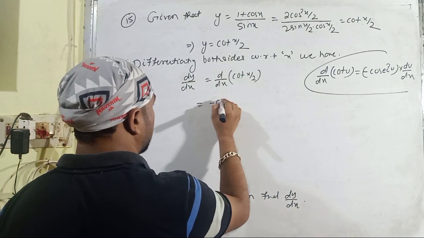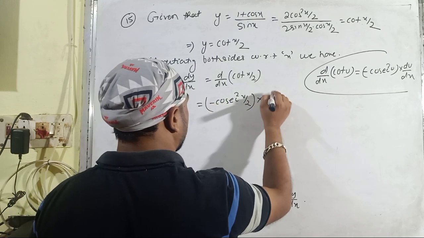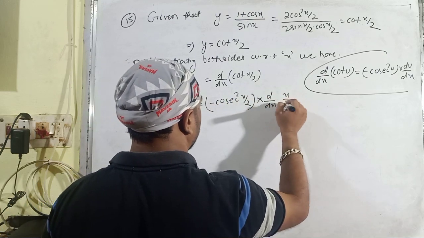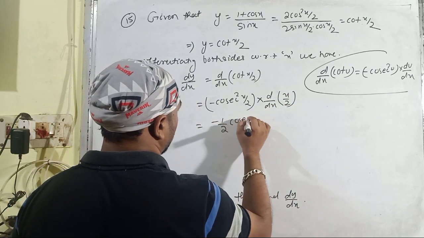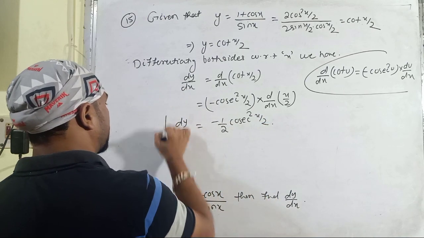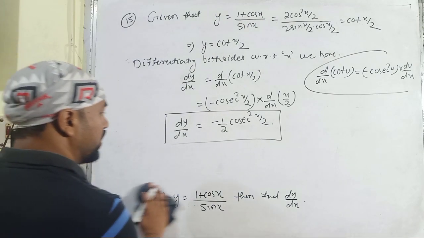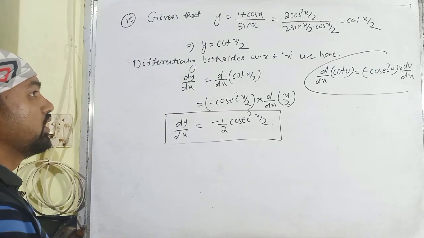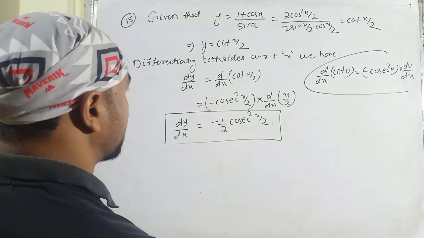So it is minus cosec square x/2 multiplied with the differentiation of x/2. So it is minus 1 by 2 cosec square x/2, and here is the required solution or answer for the problem number 15. Then moving towards the problem number 16.